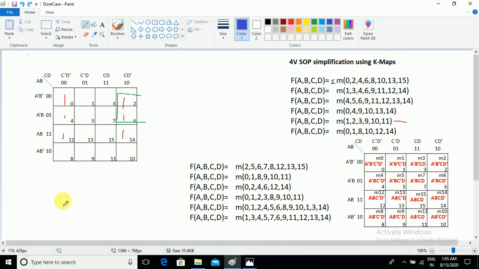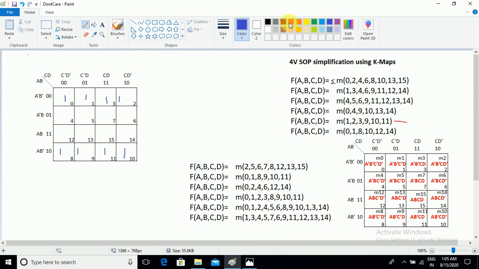Okay, the next problem, 0 1, 0 1 2 3, 8 9 10 11. Yes, it is a very nice problem.